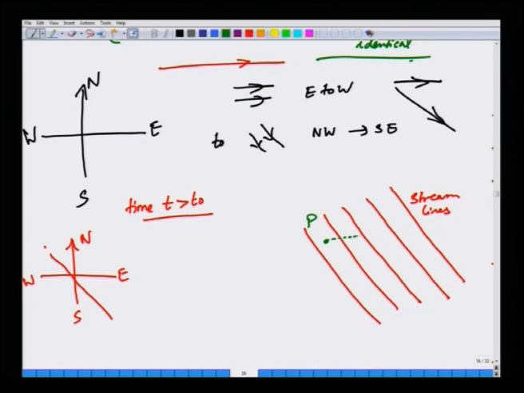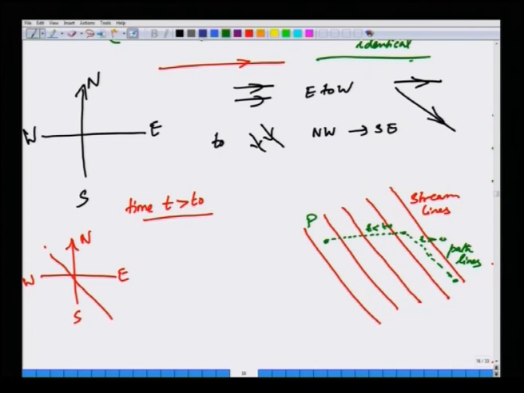This point will be moving from west to east, and then at time t 0 the air is changing direction from west to east to northwest to southeast. So, this is the trajectory for t less than t 0, and this is for t greater than t 0. So, the green lines are path lines, the red lines are streamlines.